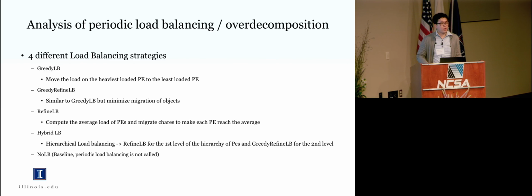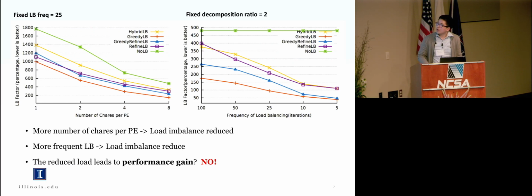And Hybrid LB is a hierarchical load balancing. In this Hybrid LB, we use Refine LB for the first level of the hierarchy and use GreedyRefine LB for the second level. So no LB is the baseline, the execution without any load balancing code.